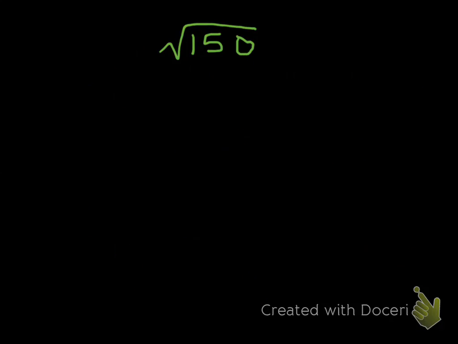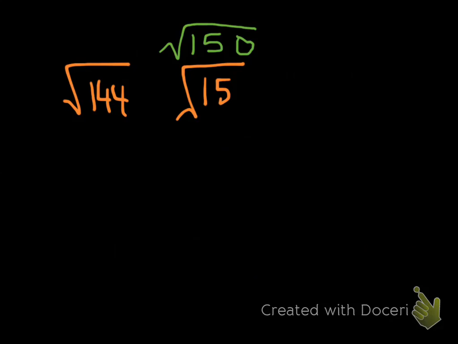Now let's take a look at another estimating problem. We have the square root of 150. So let's think, what is the nearest perfect square that is less than 150? That is 144. So the square root of 144, square root of 150 comes down, and then the nearest perfect square that is greater than 150 would be the square root of 169.